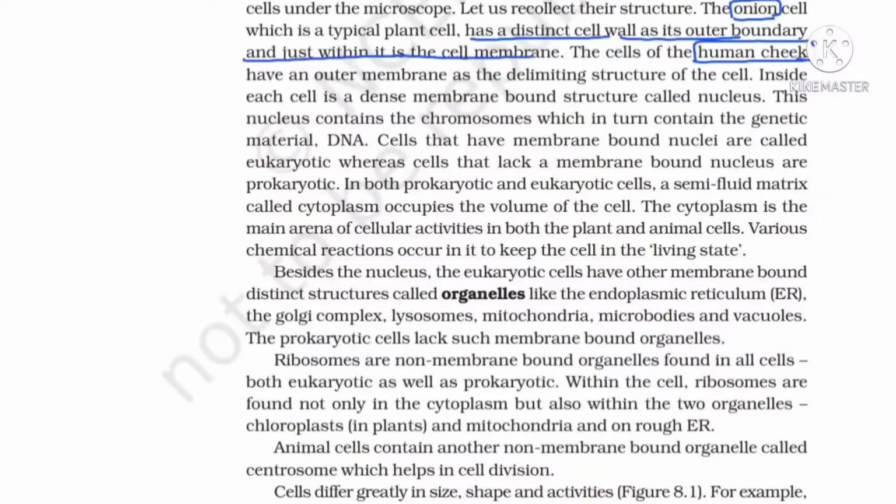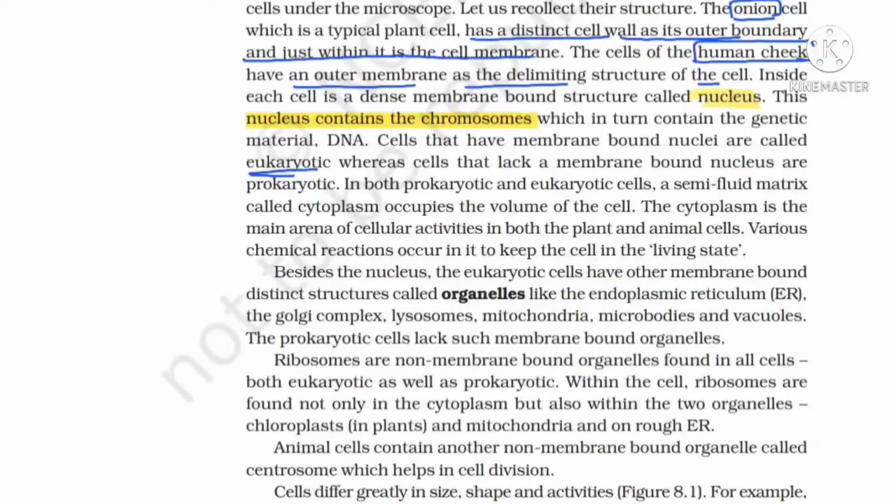But in the human cheek cell, we find the outer membrane as the delimiting structure of the cell. Inside this, you find a dense membrane-bound organelle known as the nucleus. And what does the nucleus contain? It contains chromosomes, which are nothing but genetic material. Chromosomes are made up of proteins and DNA is the genetic material.